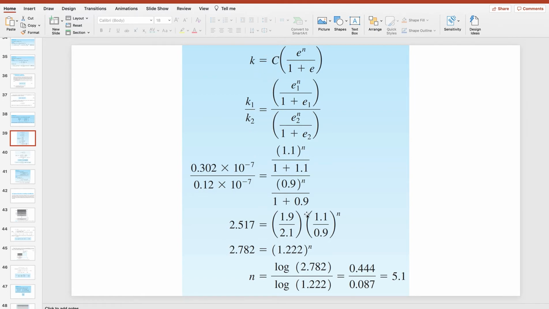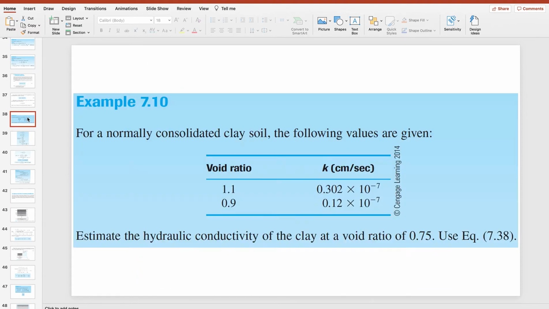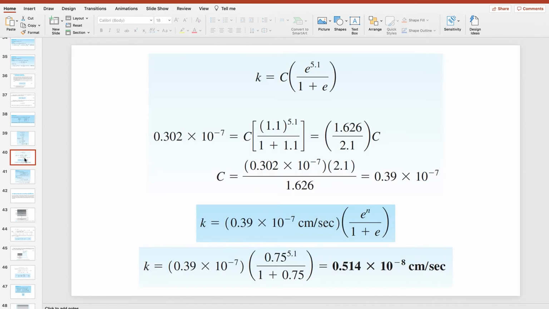Dito nag-cancel yung C. So having the value of n, we can now solve for the value of C. So substituting the void ratio of 1.1 with the hydraulic conductivity of 0.302, we have C is equivalent to 0.39 times 10 raised to negative 7.